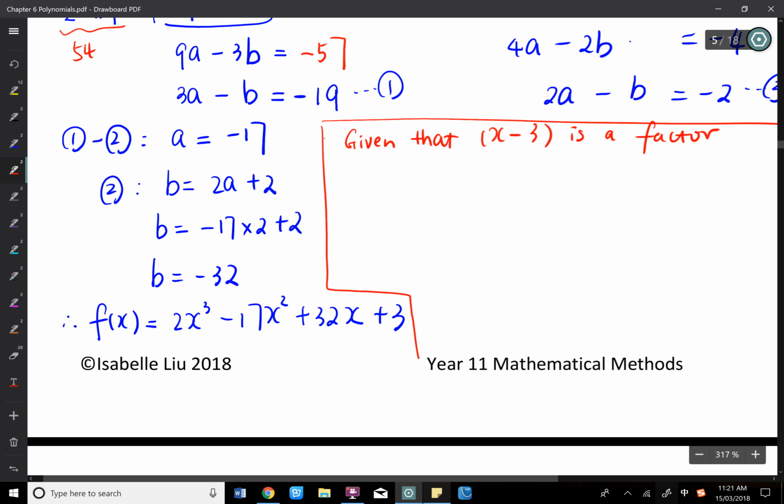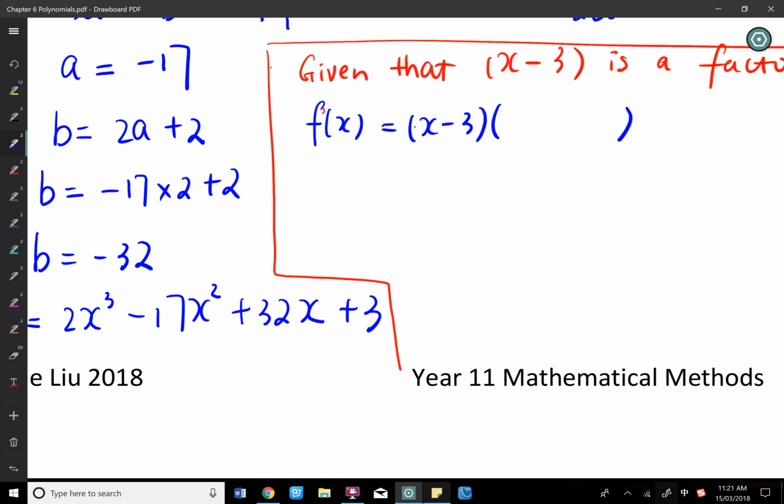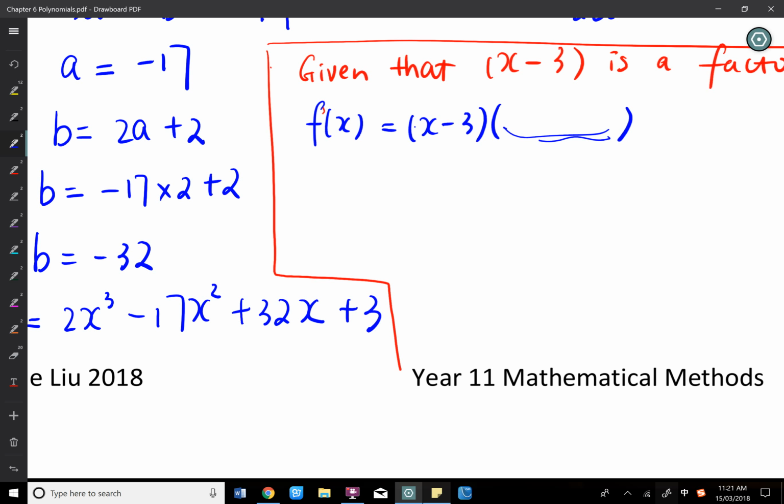So I'm thinking, f(x) is x minus 3 times what? What equation should we have in this bracket? Is that a quadratic, a linear, or cubic? Quadratic, because we have a linear and then we need a quadratic.